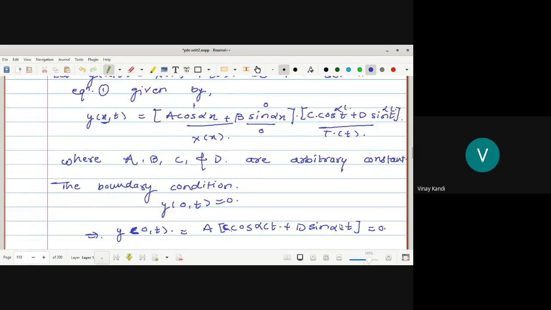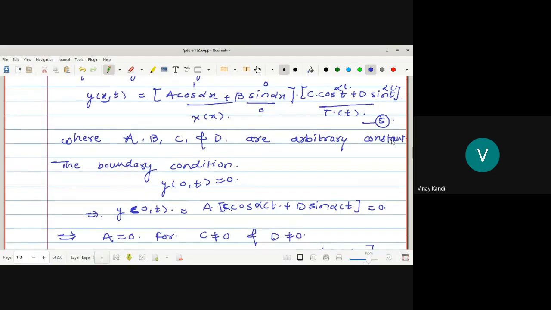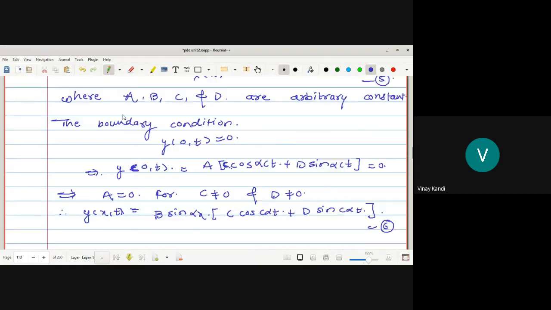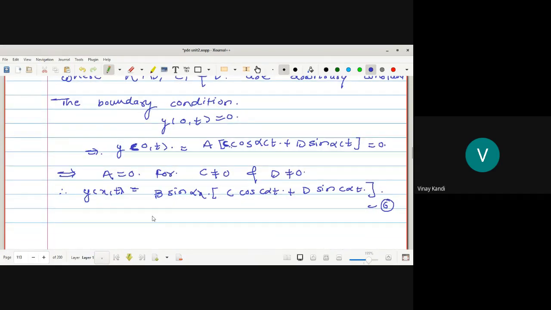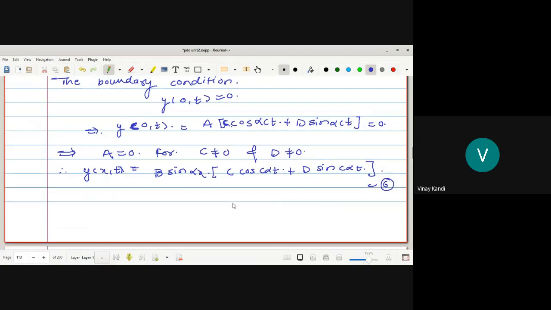Any doubt up to here? Equation number 5: from the boundary condition we calculate the value of a, and putting the value of a in equation 5 we get y of x,t equal to b sin alpha x into C cos alpha c t plus D sin alpha c t. Now differentiate this equation number 6 with respect to t.